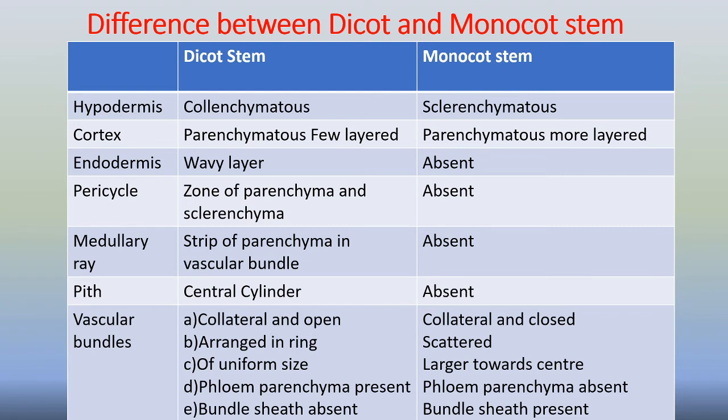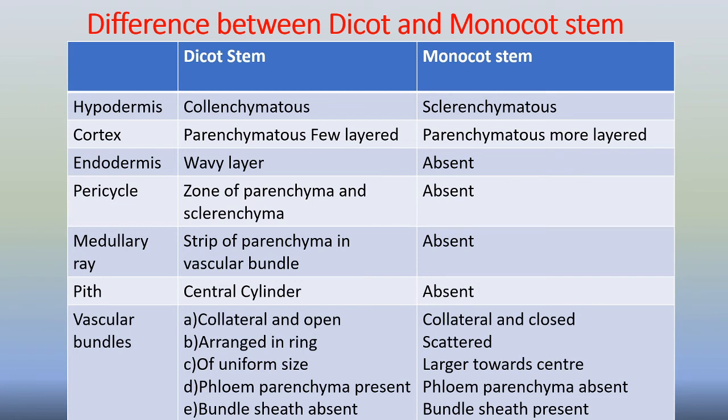Pith is the central cylinder seen prominently in the dicot stem, but it is absent in the monocot stem. Now regarding the vascular bundle, in the dicot stem the vascular bundles are collateral and open, while in the monocot, the vascular bundles are collateral and closed.